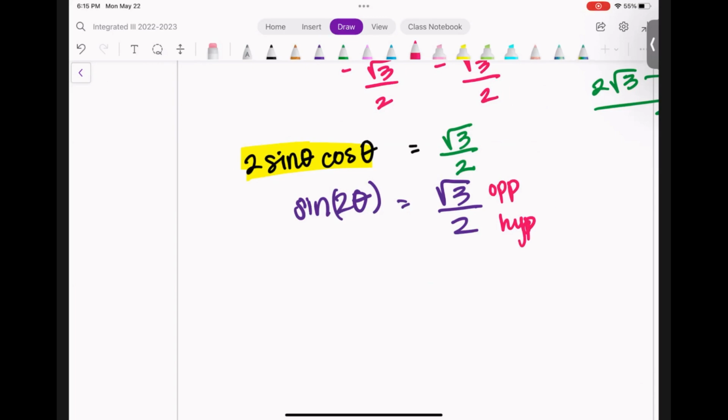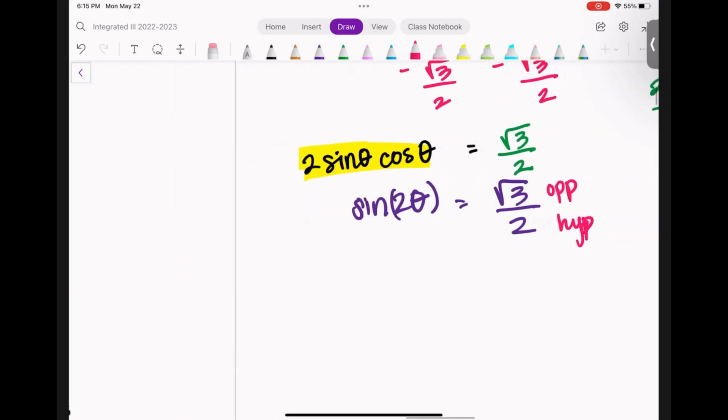If you are using the triangle, you're going to go like this: the opposite is root 3, and the hypotenuse is 2. If you didn't know that this was a 30, 60, 90, you could plug this into your calculator.